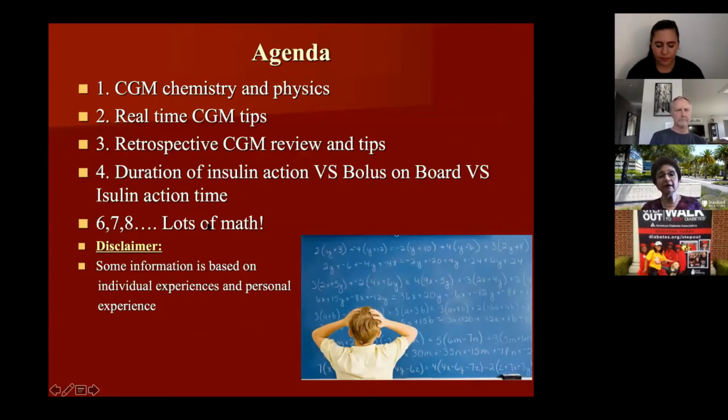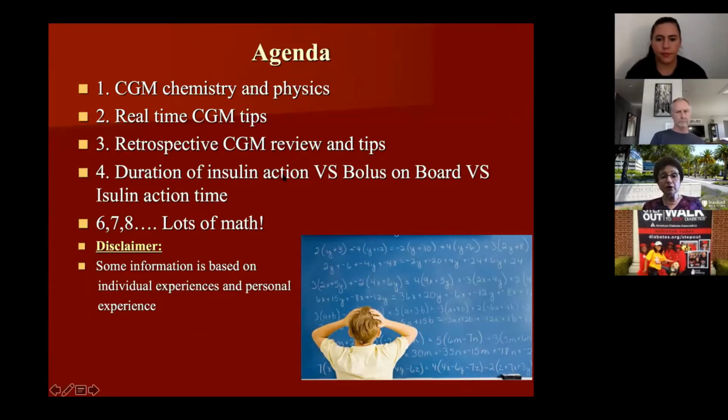So I thought we'll talk about some CGM chemistry and physics, just to have some understanding of how that works. I'm sure you all know, but I'll give a little more detail. What are the tips on the real-time use of CGM? How to review your retrospective CGM data.